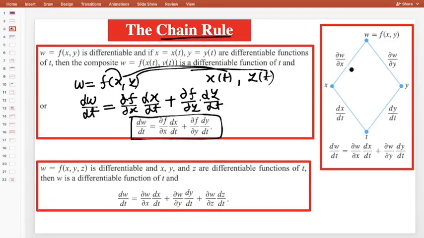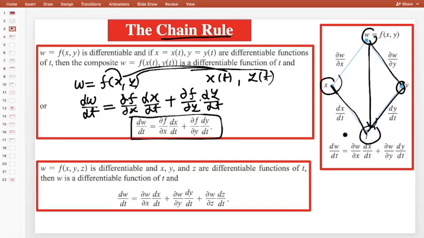To differentiate w with respect to t, you can also understand it from this figure. First, w is a function of x and y, so we differentiate w with respect to x and w with respect to y, and then dx/dt and dy/dt, so that we can reach up to t.